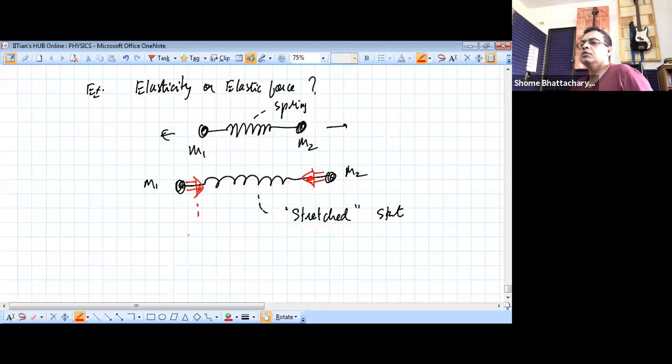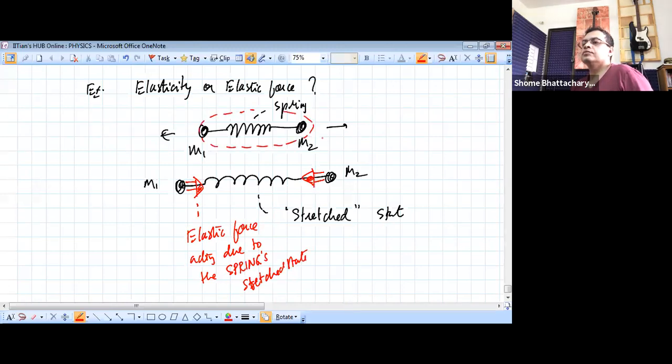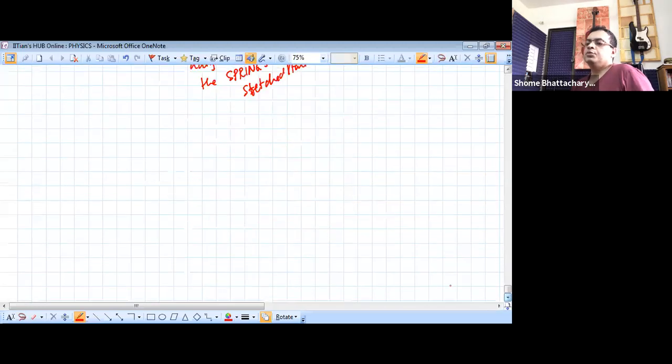So these become elastic force, okay, acting due to the spring's stretched state, okay, within this system.